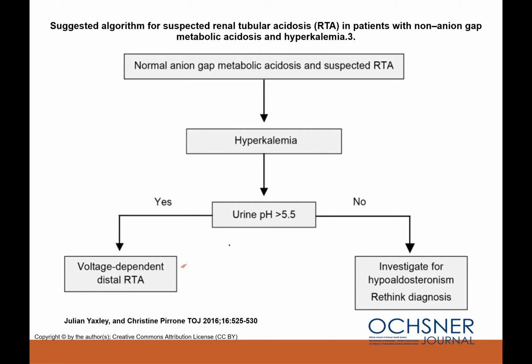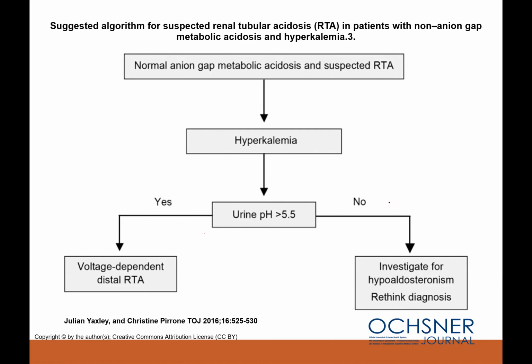So we can say here, what is the urinary pH? 5.5 is the cutoff. If it is less than 5.5, you write here. More than 5.5, you write here, so that there won't be any confusion. That's the way you can write this table. They could have written it like that, but anyway, it doesn't matter. We understand what they're saying.